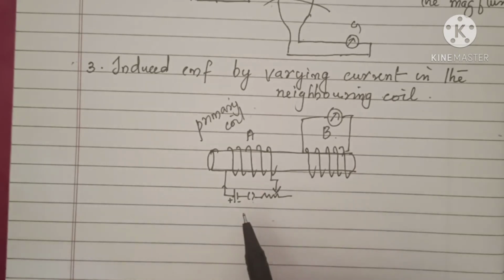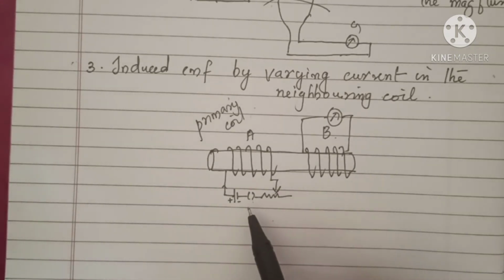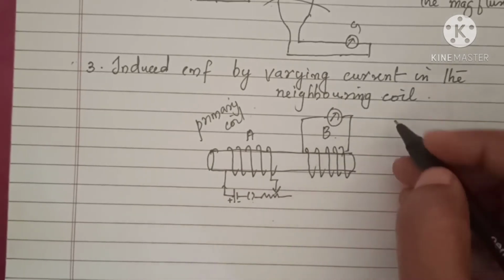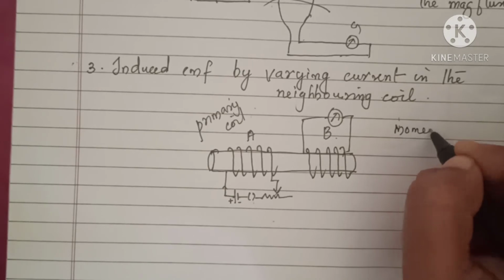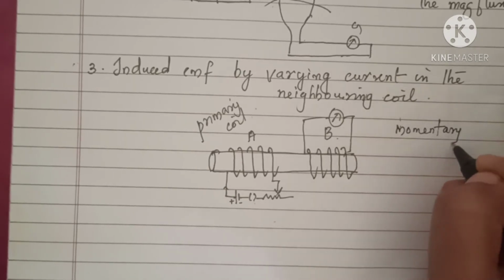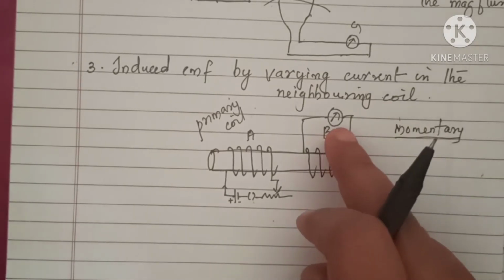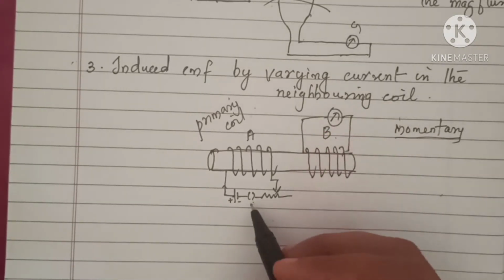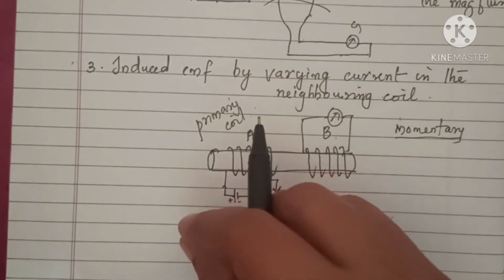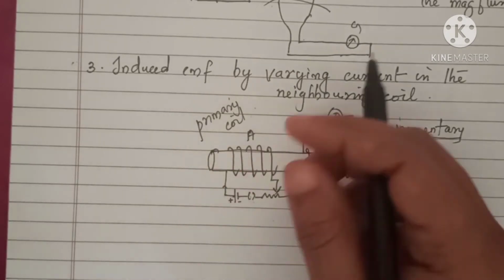Now here you can see a key. We can call it the tapping key. When this tapping key is pressed, you can see a momentary deflection. The word is important: momentary, which exists for a very short moment. Momentary deflection in the galvanometer, that is when you are tapping, when you are switching it on. Understood?